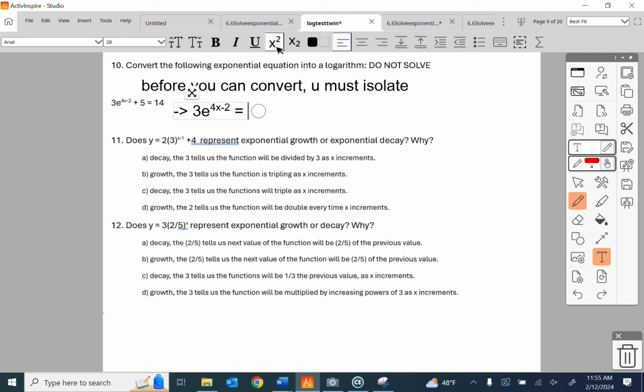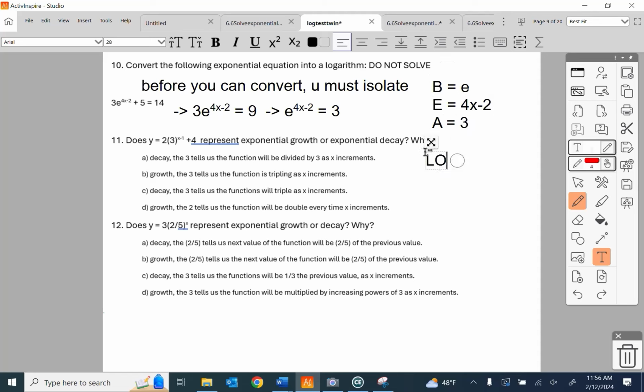And if I take away 5 from 14, I get 9. Then I can divide out the 3. I'd have e to the 4x minus 2 equal to 3. And then I go through and identify my pieces. I know my base is e, my exponent is 4x minus 2, and my answer is 3.